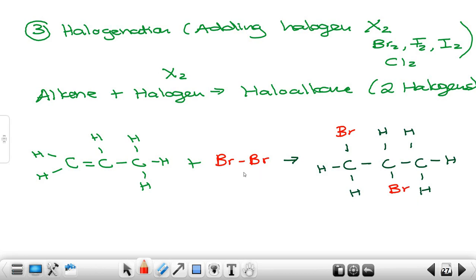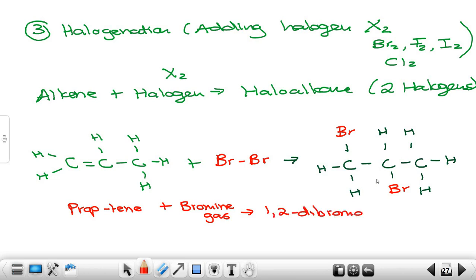Where did I get it from? I got it from the halogen from halogenation. So here I have prop-1-ene plus bromine gas is giving me 1,2-dibromopropane.